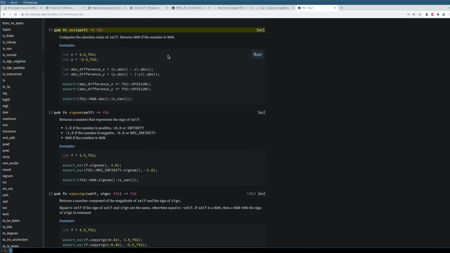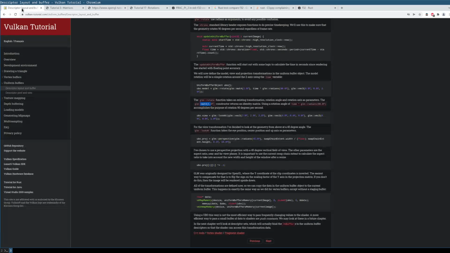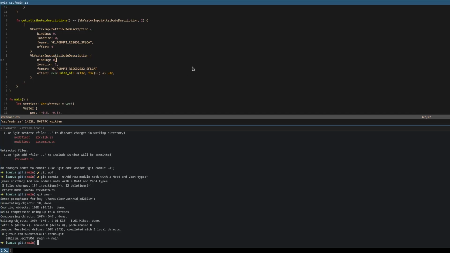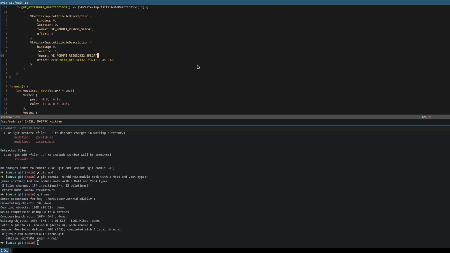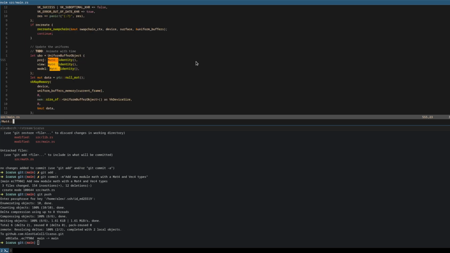Okay, so we have a basic implementation of rotations, so maybe we can start fiddling around with trying to rotate. So here we were setting the identity, right?